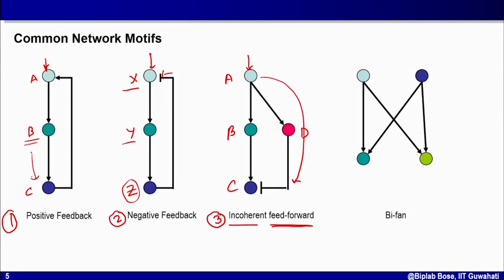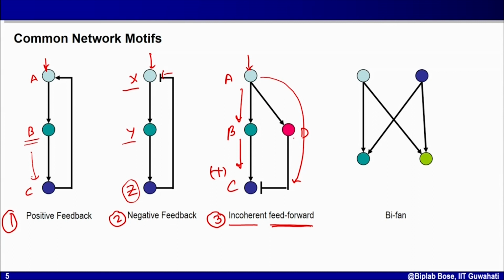For example, in the motif shown here, A is activating B, suppose, and B is activating C. I have a bifurcation here of the path. A is also activating D, but D is inhibiting C. So this path from A to C is a positive path. A through B tells C that you get activated.